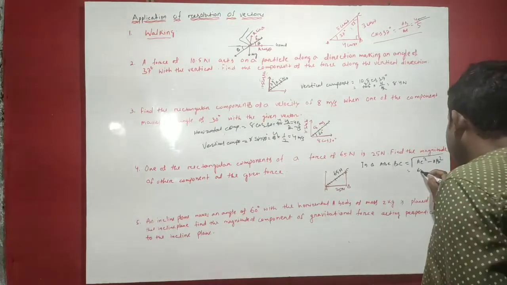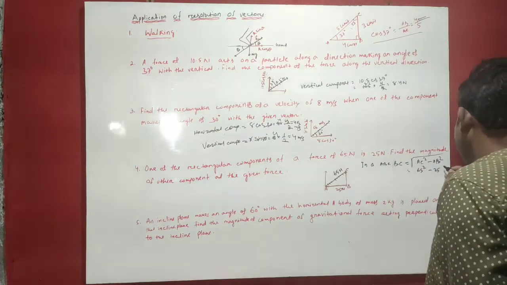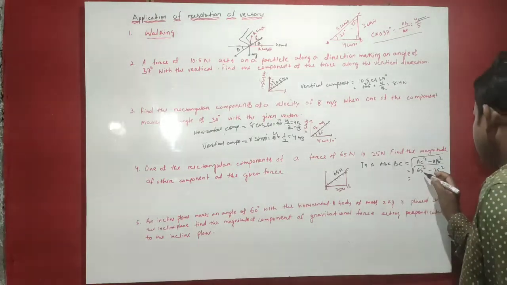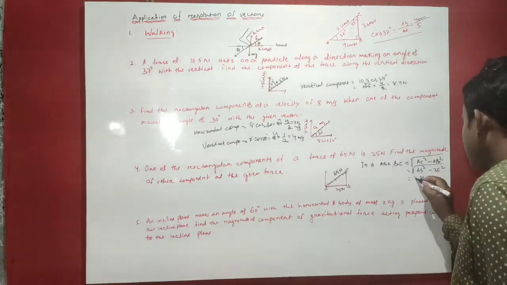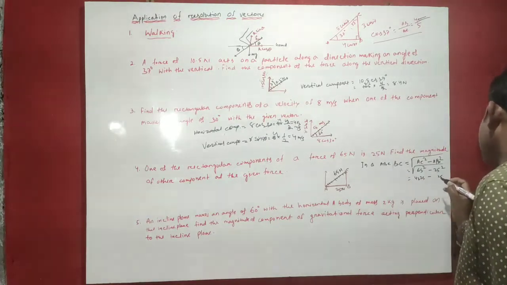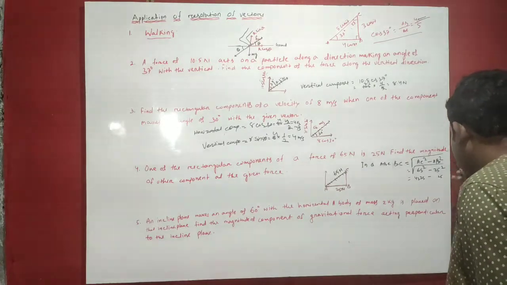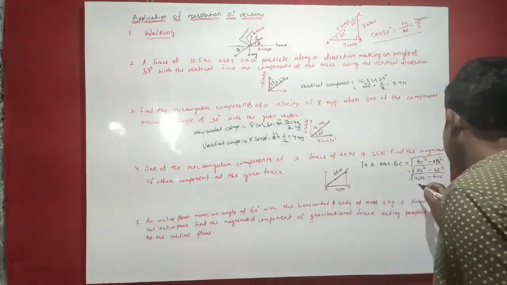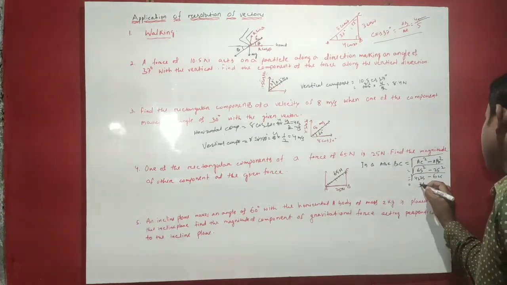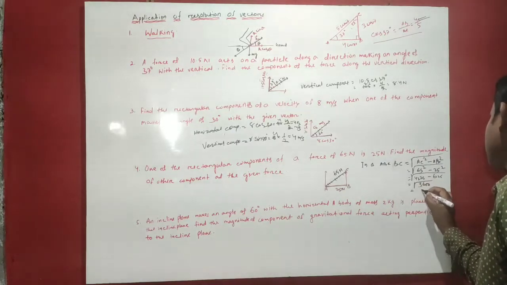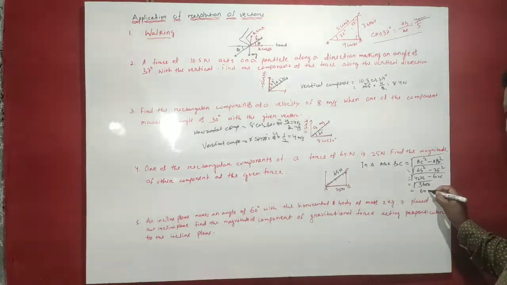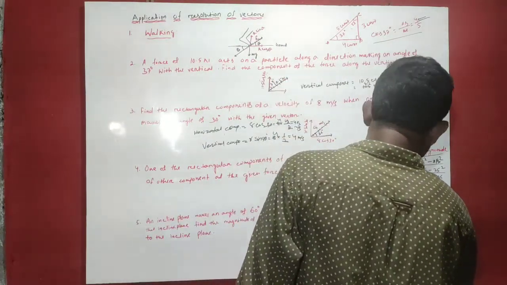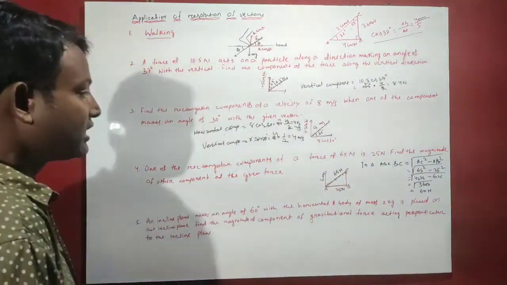AC square is 65 square minus 25 square, under root. 65 square minus 25 square, that is 3600 under root, which is 60 Newton. Our required answer is 60 Newton.